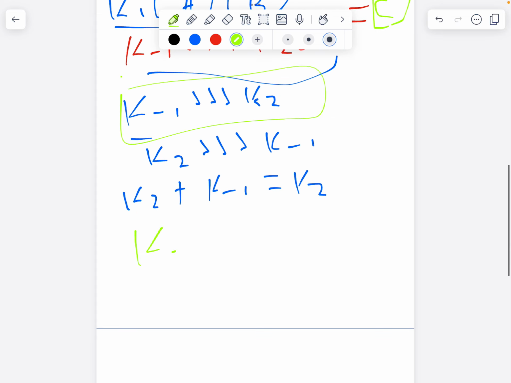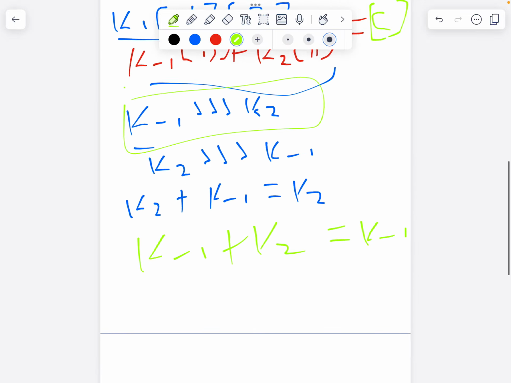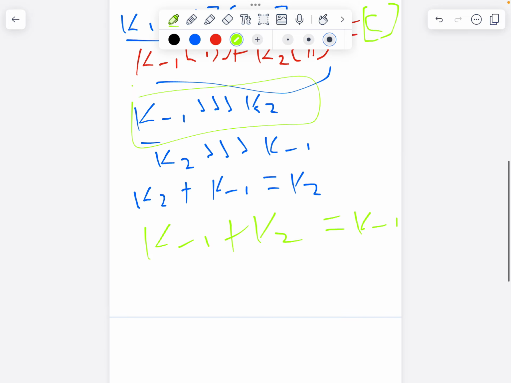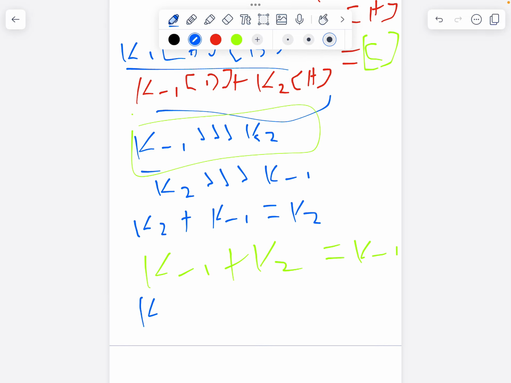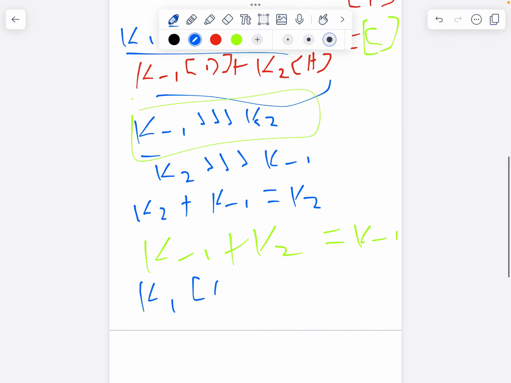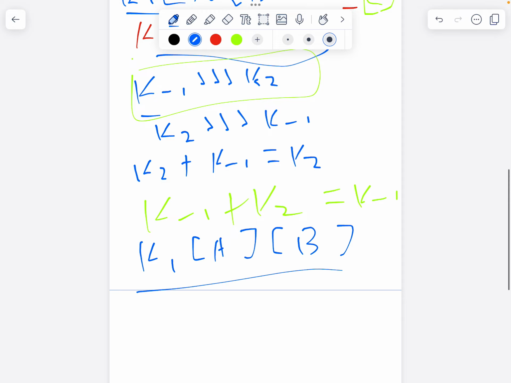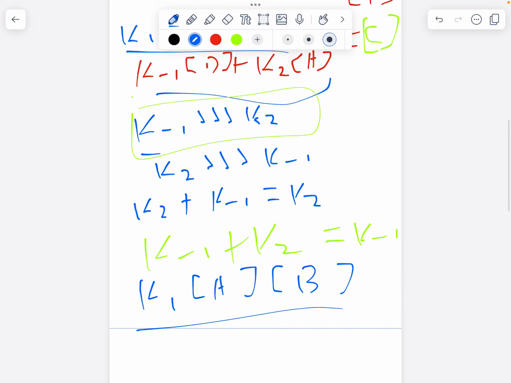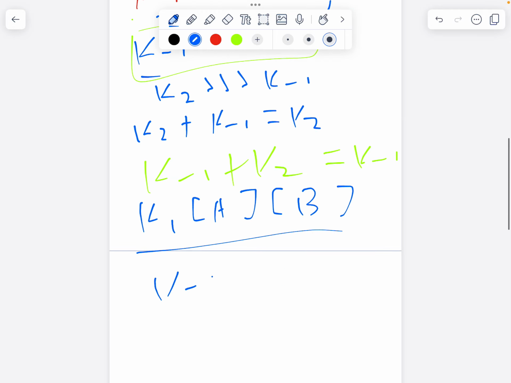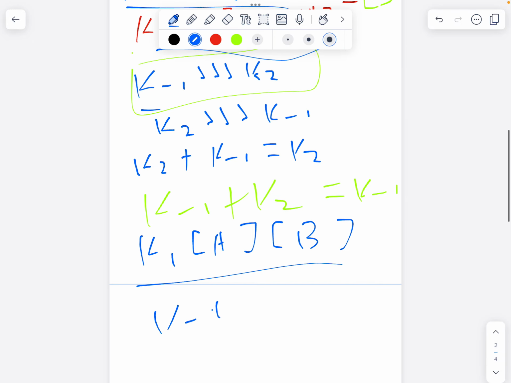And so in that case, k minus 1 plus k2 would just be equal to k minus 1. Okay, so rewriting the expression, now that we have this fact, we can say that k1 times the concentration of A times the concentration of B divided by k minus 1 is equal to the concentration of C.